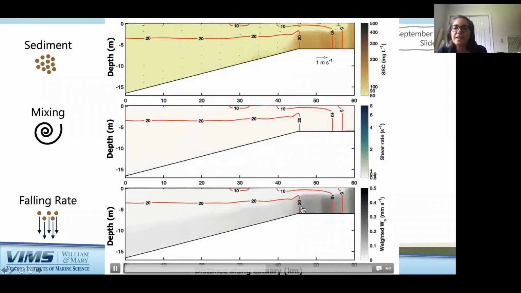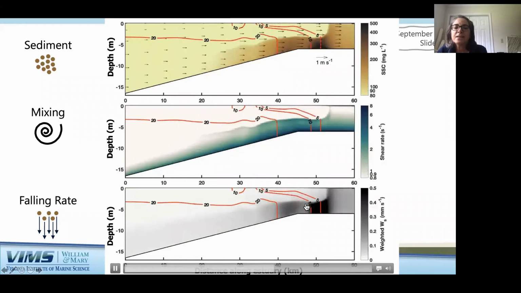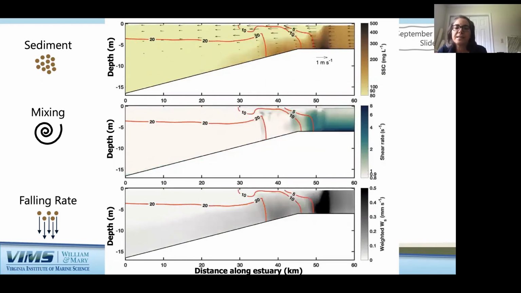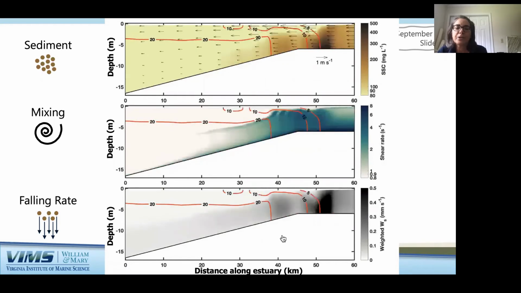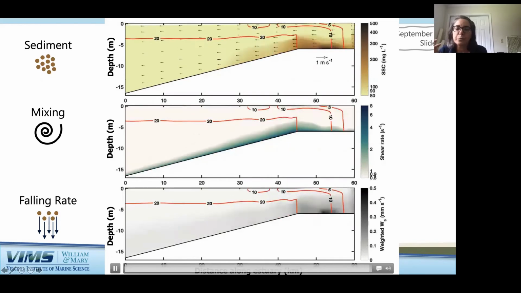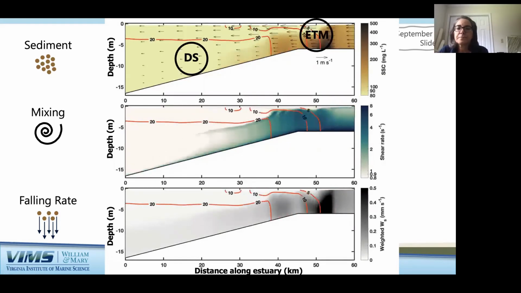And the bottom panel is the settling velocity. So since we're allowing our particles to form aggregates and break up, then we tend to have parts of the estuary where we have flocs forming and they have big settling velocities. And then other parts of the estuary, we have small settling velocities because either the flocs were broken up or they were never able to be formed in the first place.